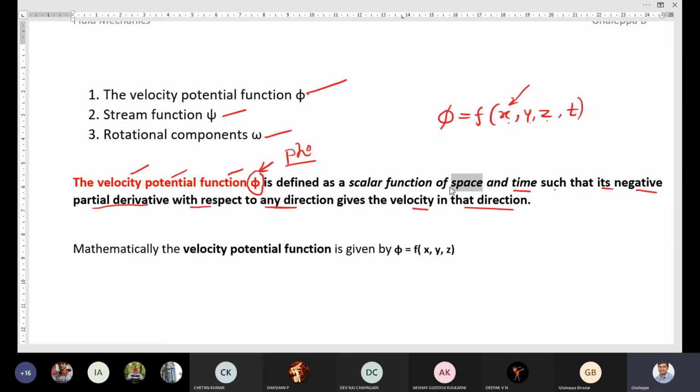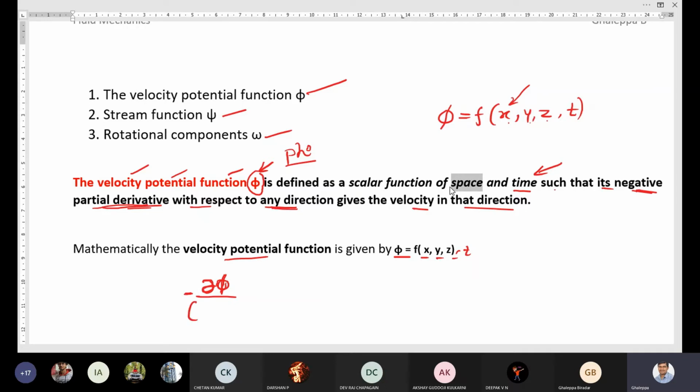If you read these two lines, it will be very difficult to understand. So I will write the mathematical equation, so it becomes easy to understand. Mathematically, the velocity potential function, as I told, is a function of x, y, z, and as well as of time. Now come to this point, such that its negative partial derivative. I will take the negative partial derivative of phi with respect to any direction.